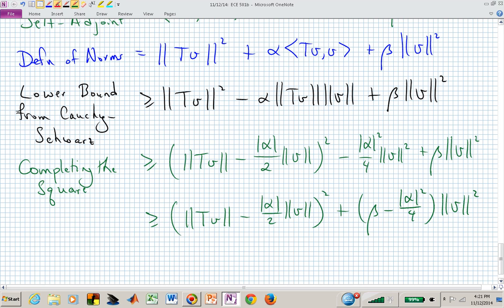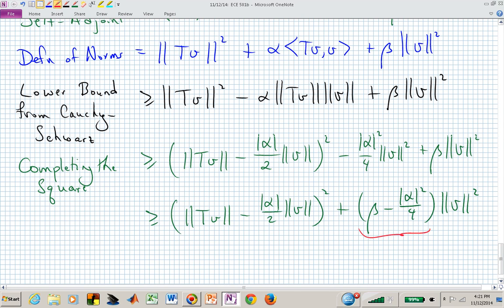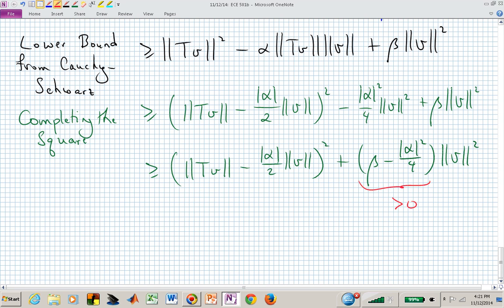What we are saying from before is if we impose that relationship on beta and alpha, we can make that scaling factor on the norm of v squared be positive if beta minus alpha squared over 4 is positive, or 4 beta is greater than alpha squared.